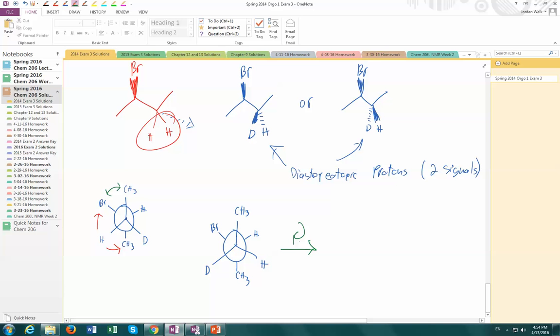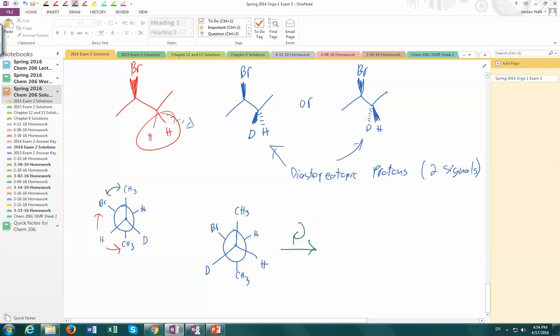Okay. Right? Because ultimately what we're talking about are these two protons, the H and then presumably that D there. And so if we try to come up with this exact conformation, and that would be necessary if these are going to be chemically equivalent, right? They have to be able to experience the same exact chemical environment.